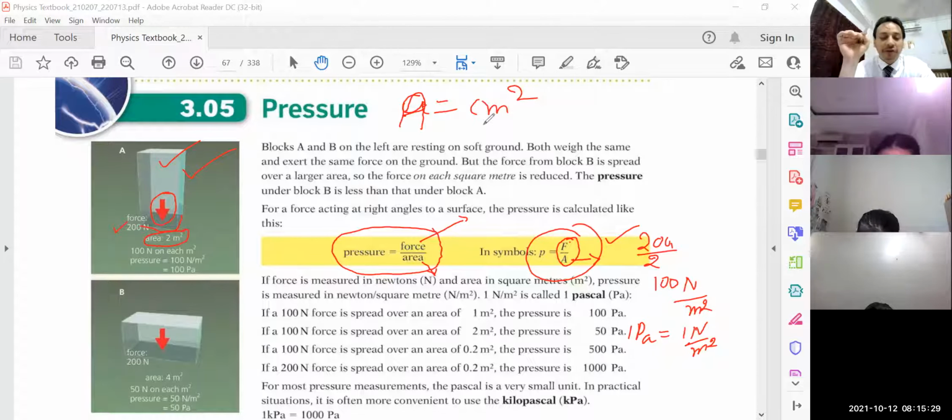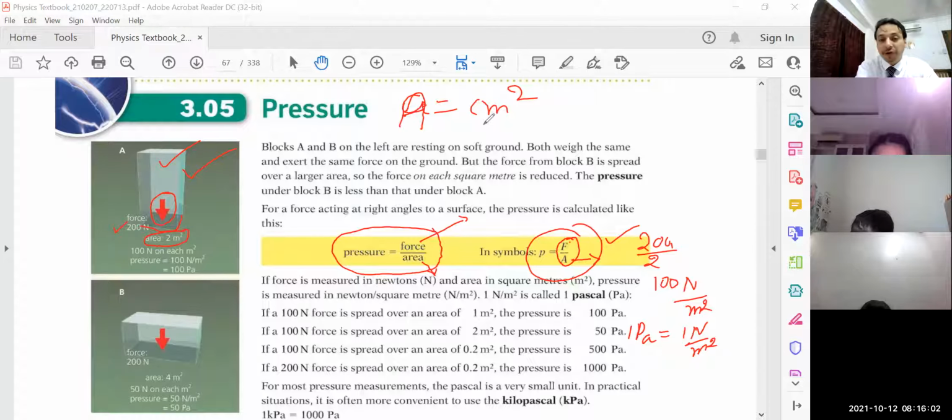In that situation, children, you can't write your final answer in Pascal unless you change centimeter or millimeter into meter square. Please make a note. You can't write your final answer of pressure in Pascal unless you change centimeter and millimeter into meter square.